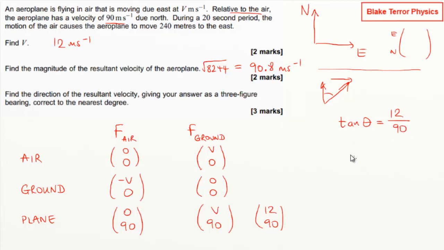So we just need to plug that into the calculator and get 8 degrees to the nearest degree. So 008 degrees to write it as a three-figure bearing as they've asked. So the question itself is pretty straightforward. Like I say, we're just looking at this bit really to see frames of reference in their beginnings.